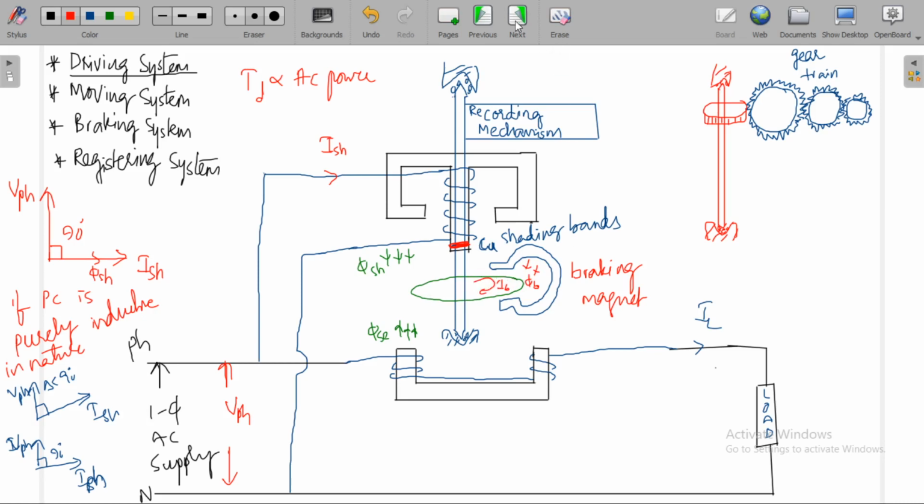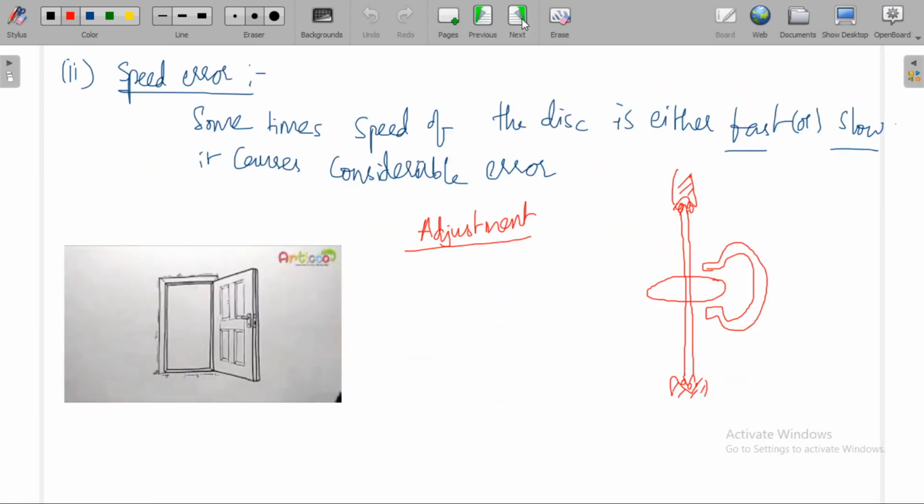Now if this braking magnet is moving towards the center of the spindle, braking torque will be reducing and the speed of the disk will be increasing.